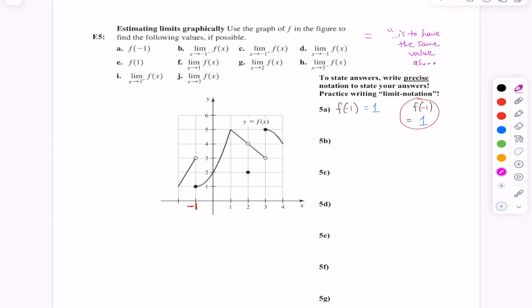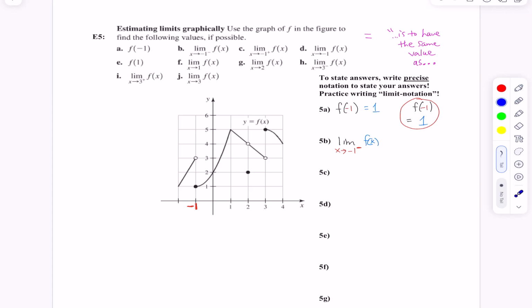The next expression involves a limit. It's the limit as x approaches -1 from the left-hand side. Where do the corresponding f of x values go? A tip in reading limits is to always read the domain first. As x approaches -1 from the left-hand side, where do the corresponding output values go?